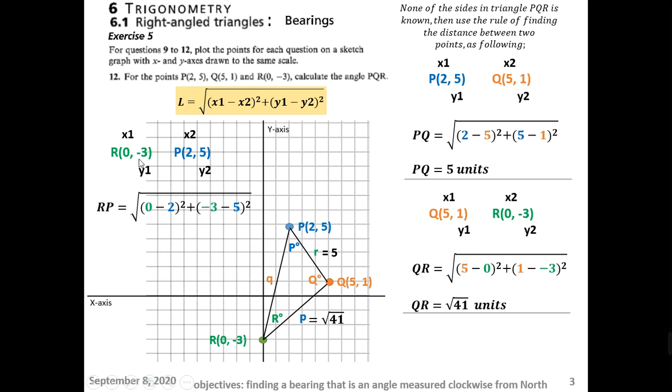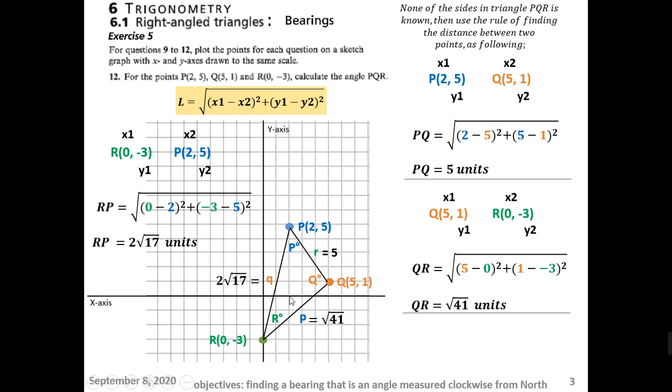So it's a square root of 0 minus 2 all to the power of 2 plus -3 minus 5 all to the power of 2. This is ready to be inserted in the calculator, and the answer will be for RP as 2 square root of 17 units. RP represents Q small, so the value of Q small is 2 square root of 17.